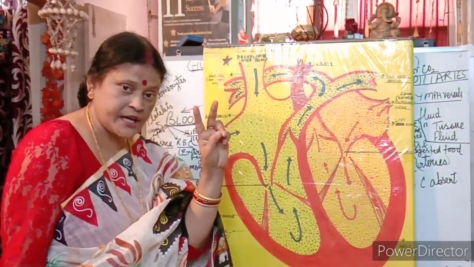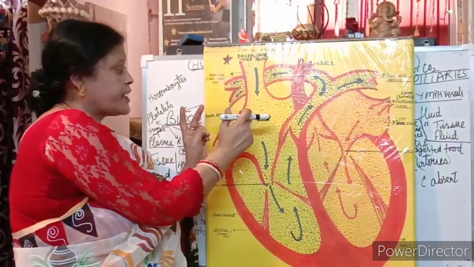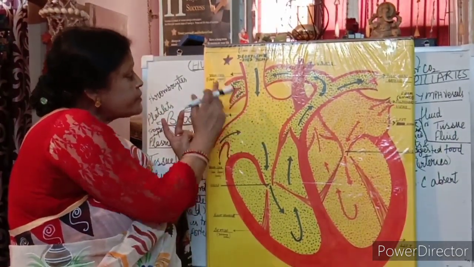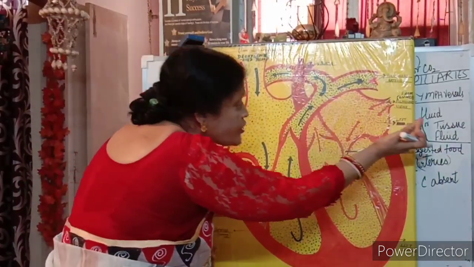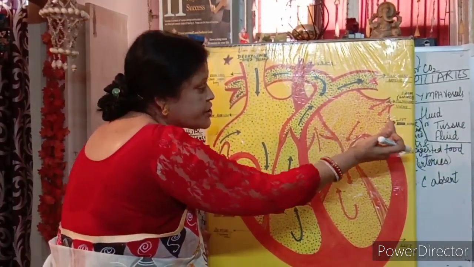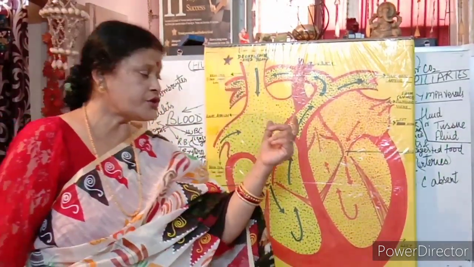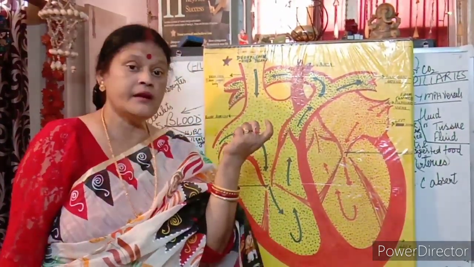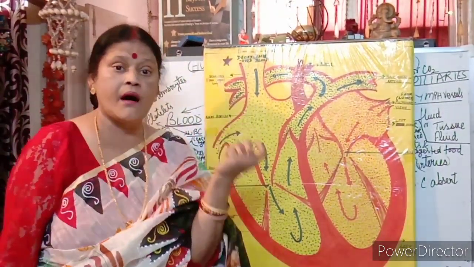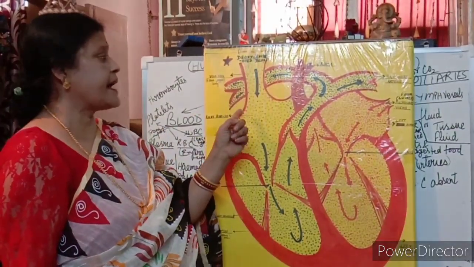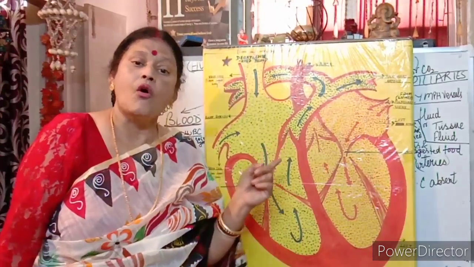Okay, second point I am repeating, the deoxygenated blood from different parts of the body enters into the right atrium through upper and lower vena cava along with the oxygenated blood from lungs enters into the left atrium through pulmonary vein. I told you just now कि artery and vein is carrying impure blood or deoxygenated, but in heart, see, artery is carrying deoxygenated and pulmonary vein is carrying oxygenated.